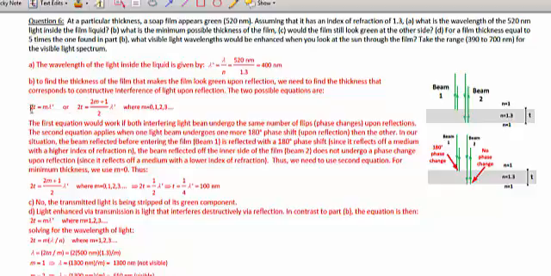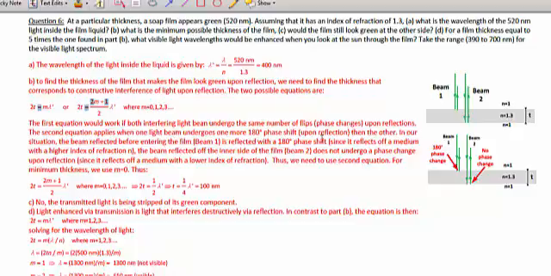The condition of constructive interference is going to be the first equation under normal circumstances. It's the second equation if one of the beams is going to undergo a flip, a 180 degree phase change. So we need to examine that for each of the situations.